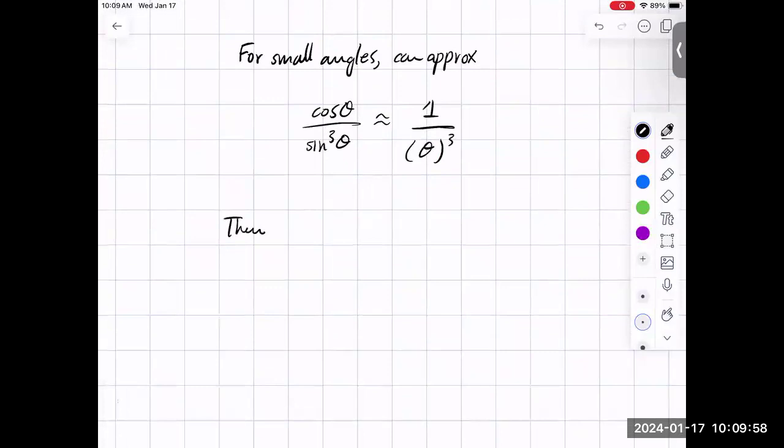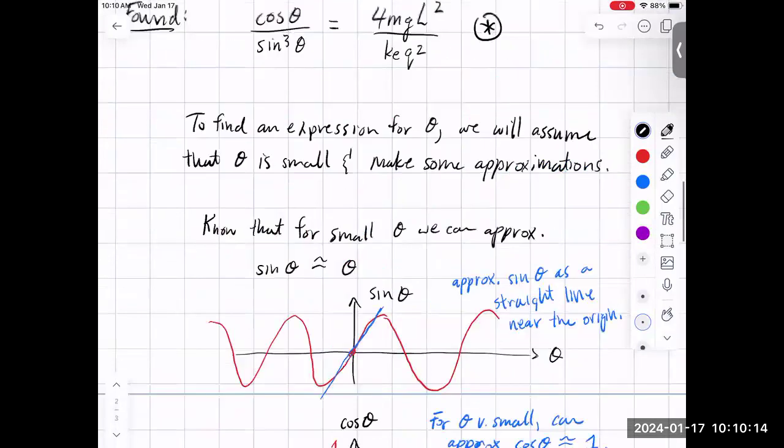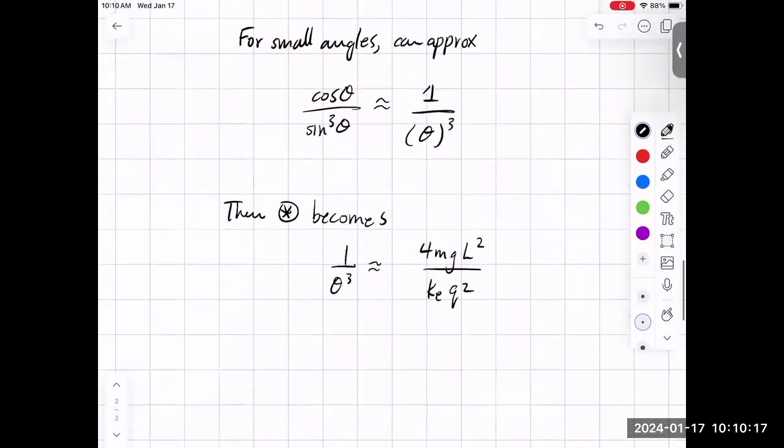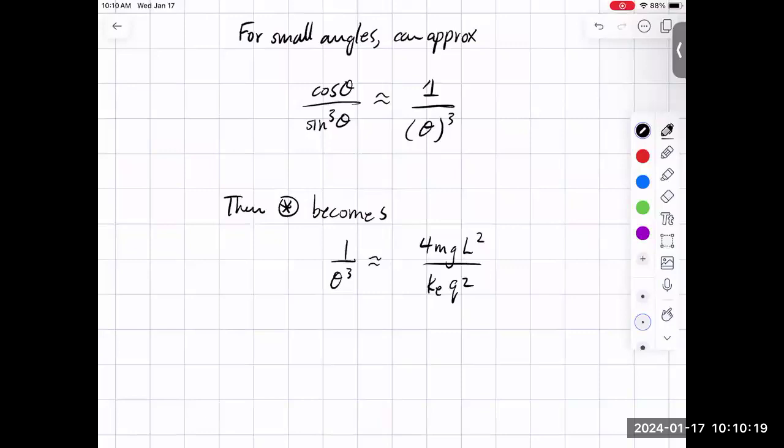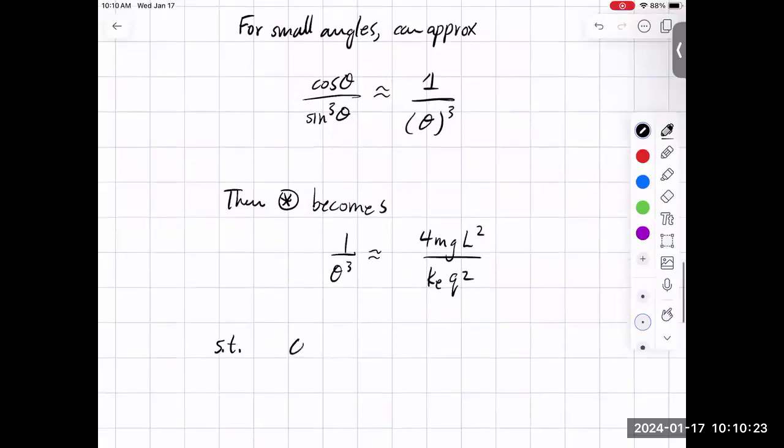Then star becomes 1 over theta cubed is approximately 4mg L squared divided by Coulomb's constant q squared. Is that what we had? 4mg L squared, yeah. Okay, and now we can solve for theta, so we're going to have to just invert everything.